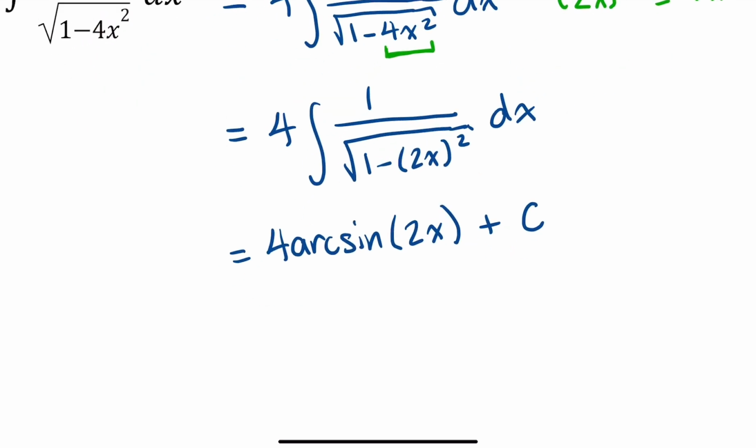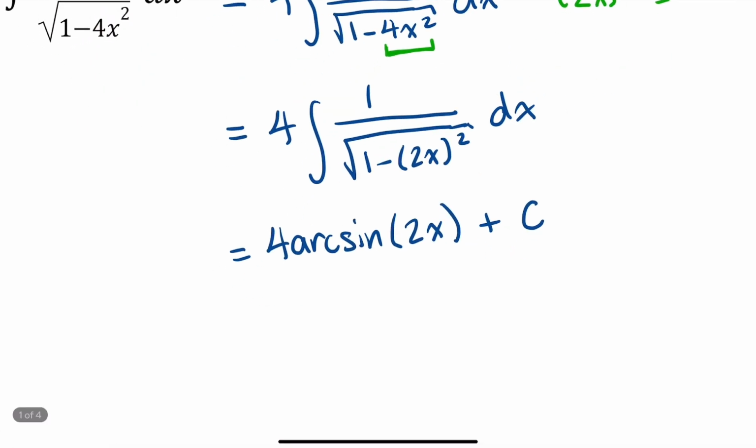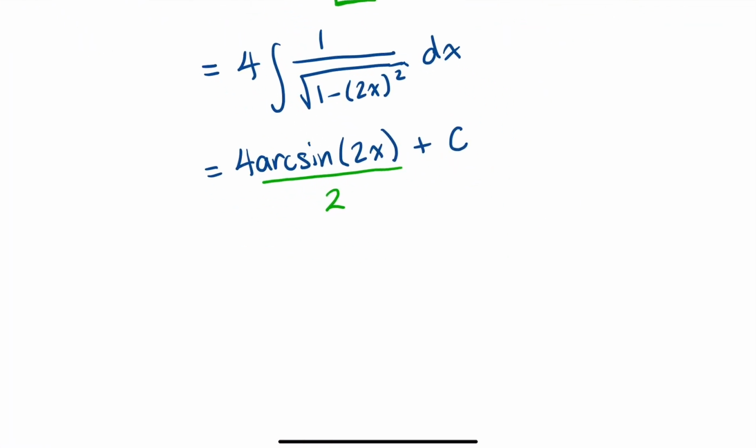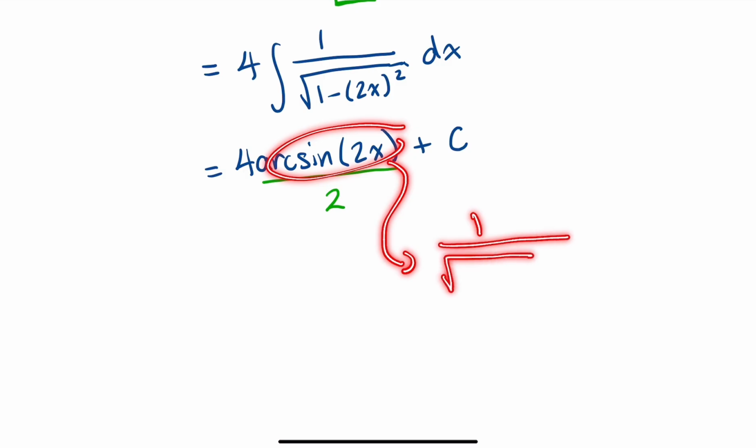However, we are missing something. We just have to divide this by the derivative of the inside. And so the derivative of the inside is just 2. And why do we have to do that? Well, if you were to take the derivative of this as it is, we would get 1 over the square root of 1 minus 2x squared, and then multiplying by the derivative of the inside, we're going to get a 2.